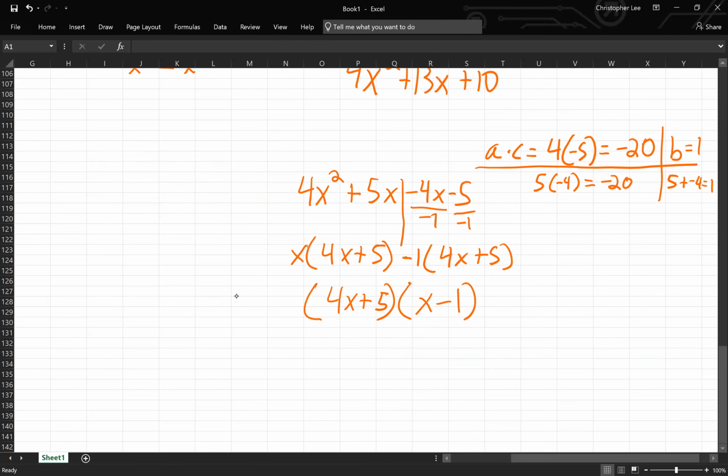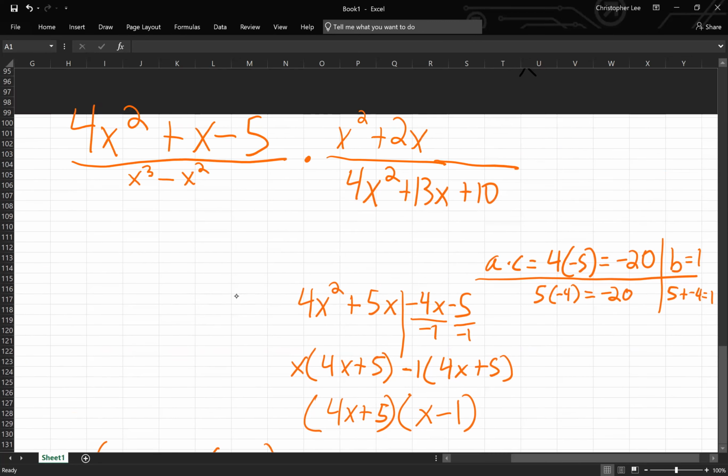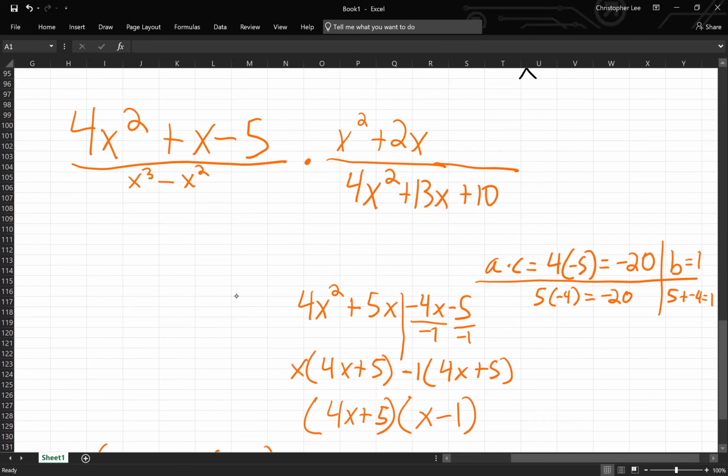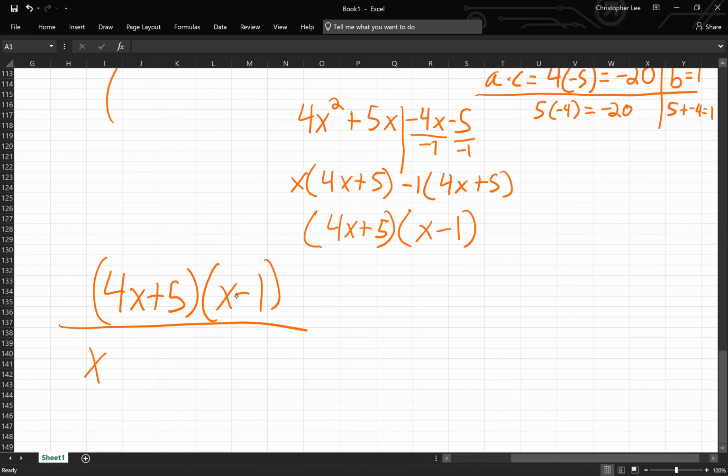Not bad. So we have 4x plus 5, x minus 1 over, what's the factor of the denominator here? Right here. No, x squared, right? So I heard an x squared, and what else? What's left over?